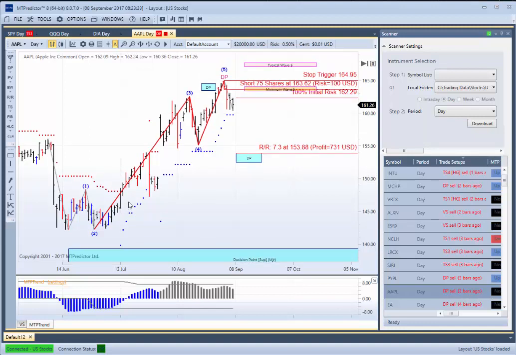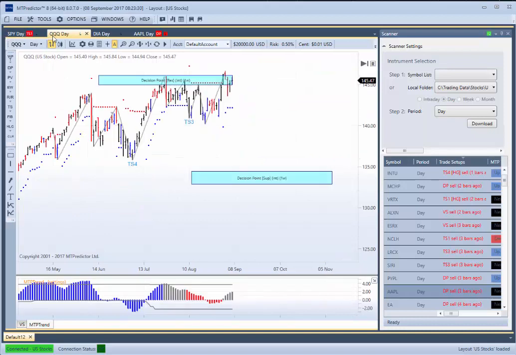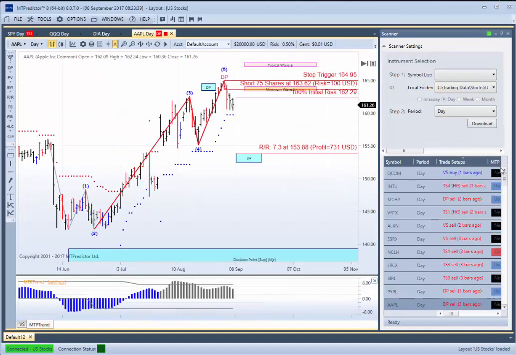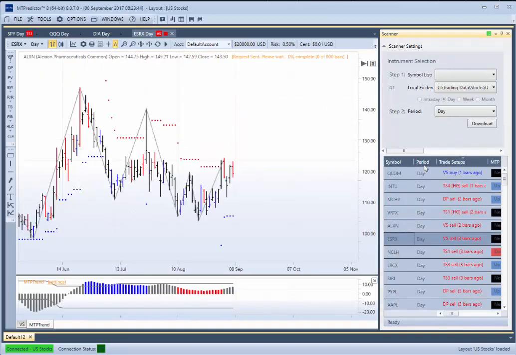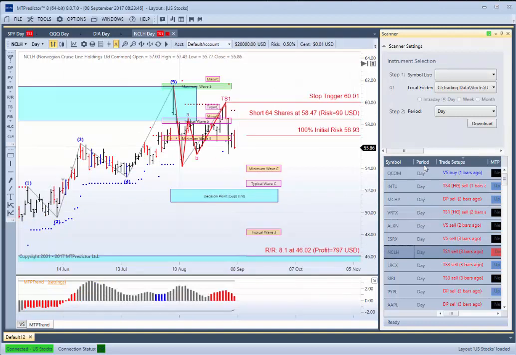But that's the process for doing an analysis on end of day daily data using MTPredictor, where you start with the index, get an idea of the market trend with the index, then do a scan of your individual market sector, then look through your individual stocks, and choose which ones look the best to take your individual trade on, those which have a good looking pattern that falls in line with your overall market sector direction.